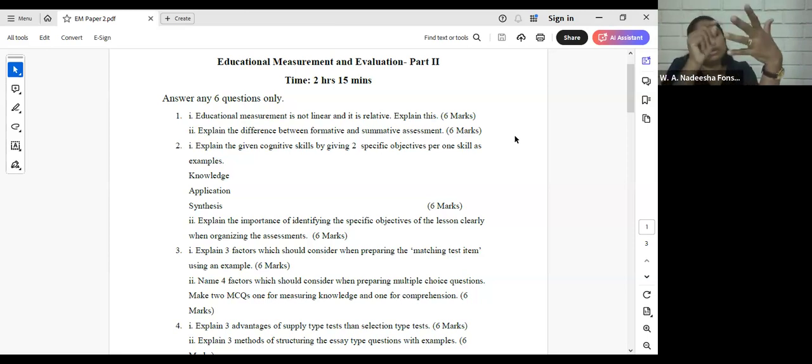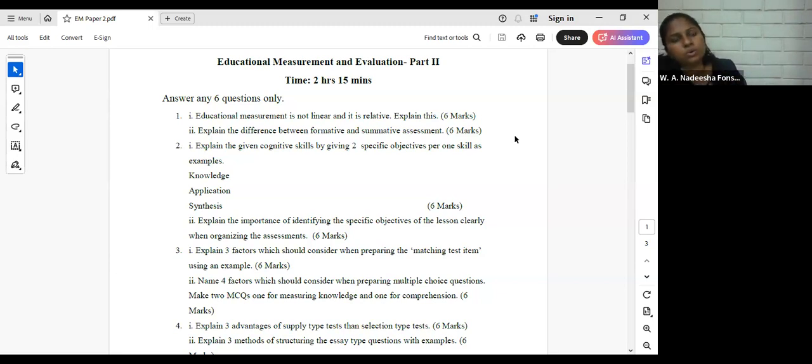When the student writes the test, there are many factors that affect it, environmental factors and mental factors of the students. Therefore, from educational measurement, most probably we can't get the real exact values.